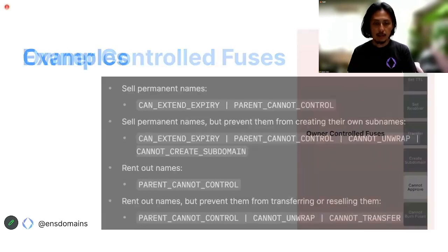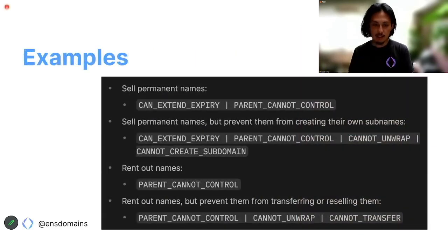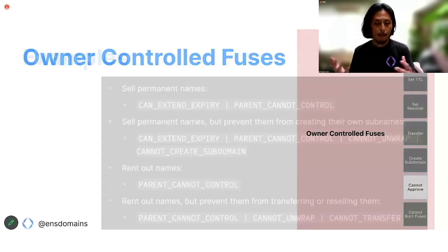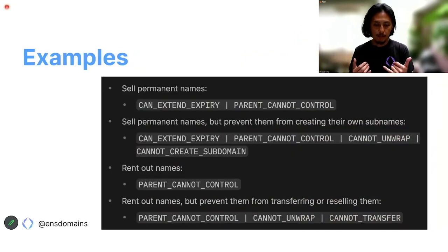There are lots of variants, but by combining multiple kinds of access control, you can create unique subnames. For example, if you burn can extend expiry and the parent cannot control, it allows you to sell permanent names, because the parent cannot rug the children.